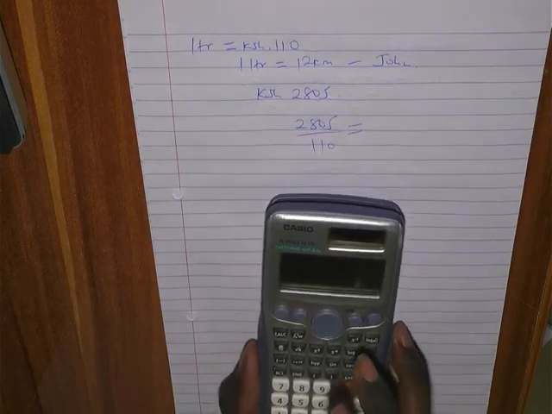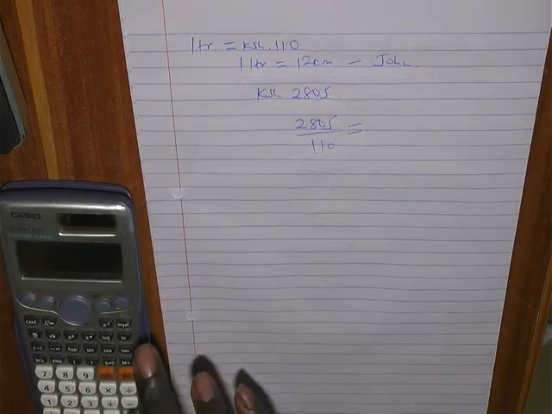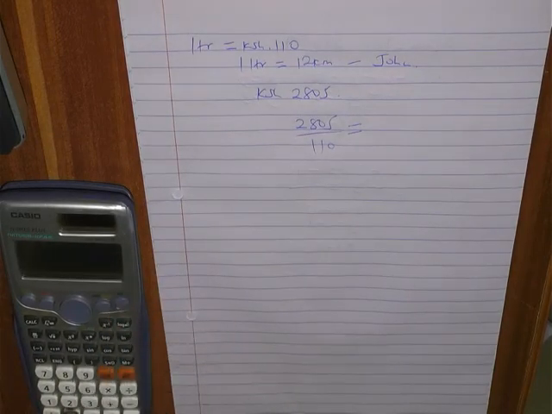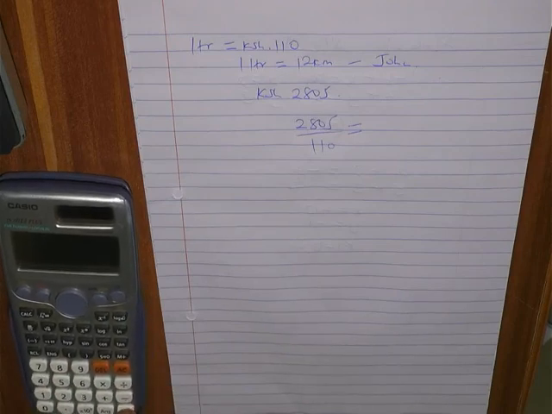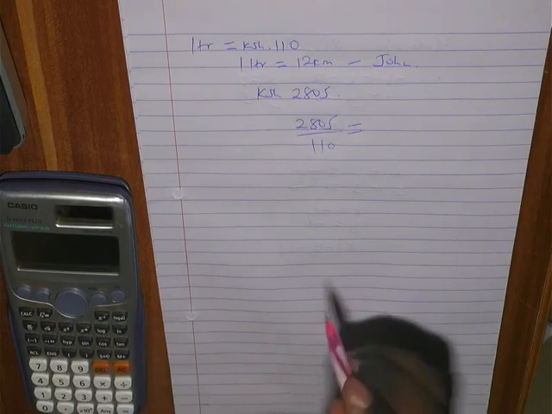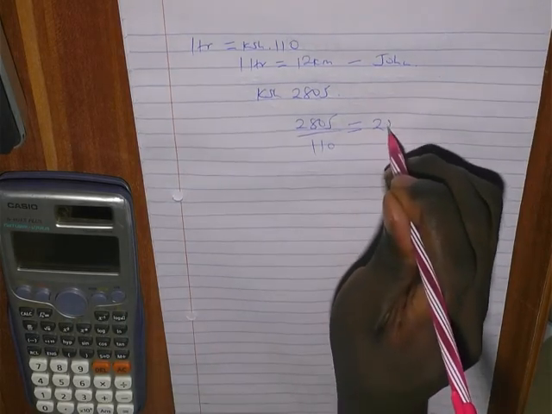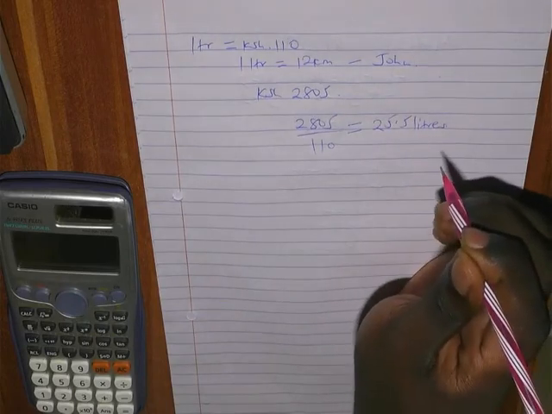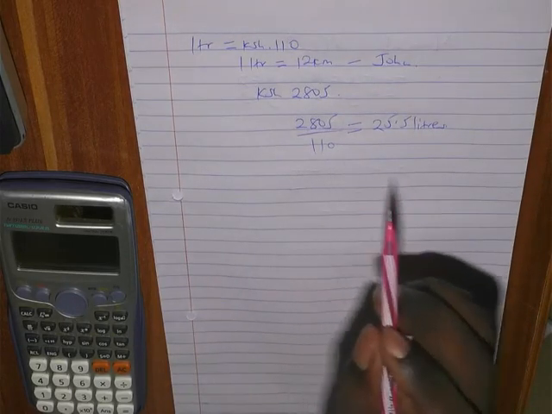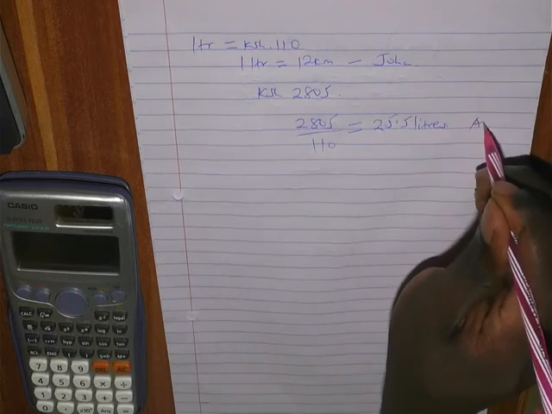I'm sorry you can't see my calculator very well, so I'll just calculate it. 2,805 divided by 110 gives us 25.5 liters. So he used 25.5 liters to travel from A to B.